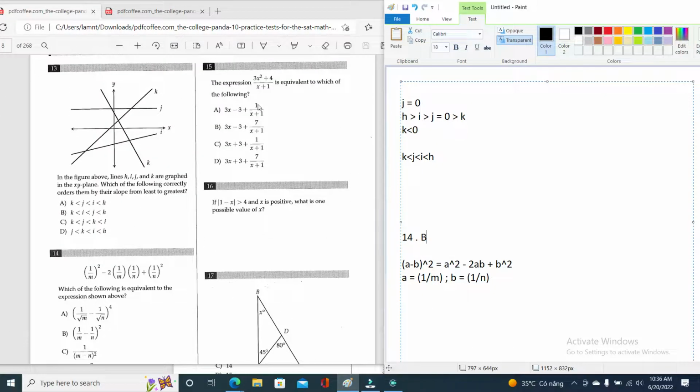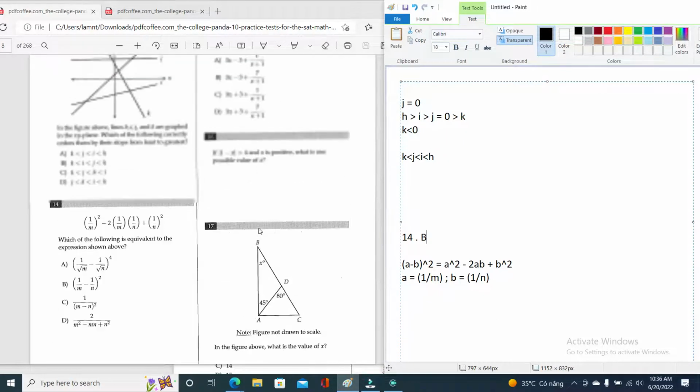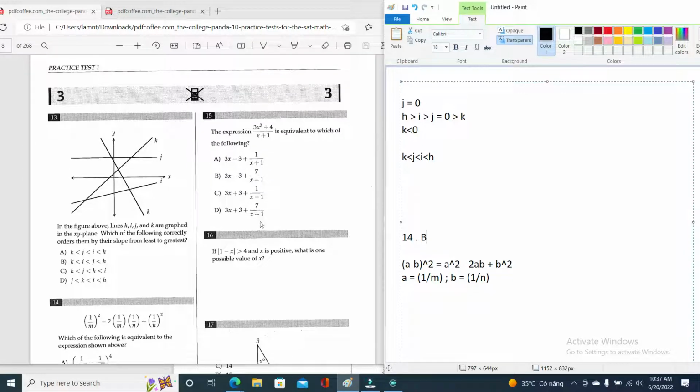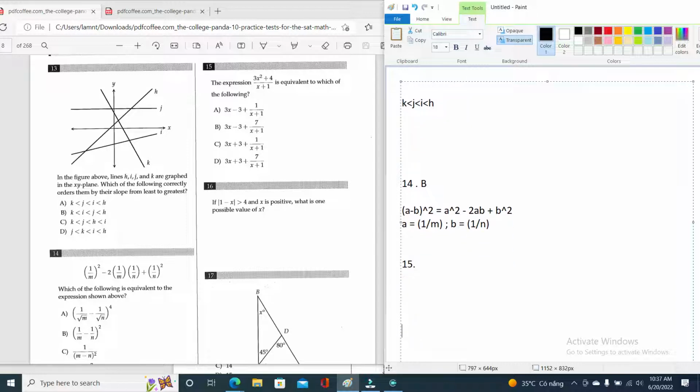Alright, number 15. Wow, this is small text, right?